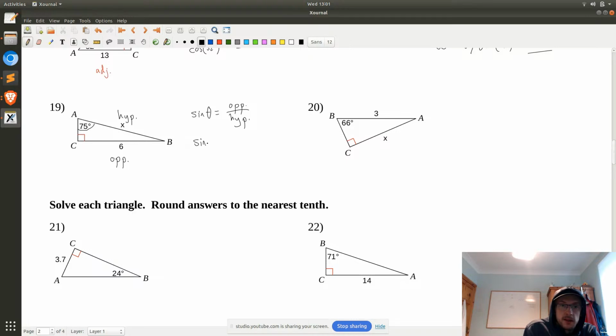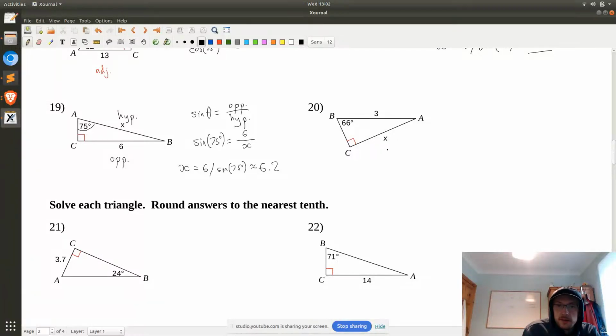Put everything in, so sine of 75 equals 6 over x. And now get x by just doing 6 over sine 75. And you get a third. So press the decimal button on your calculator to turn it into a decimal. So you get 6.2.